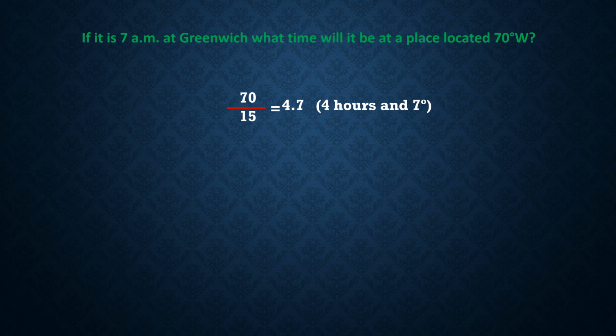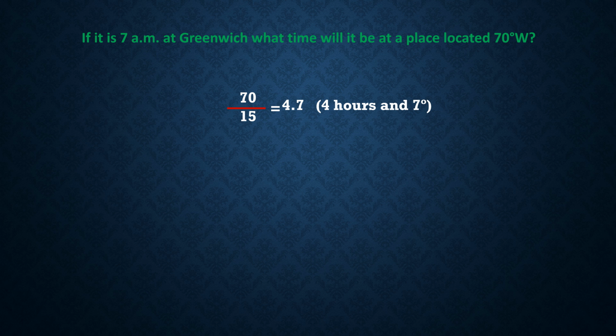We have to translate it in another way. Here we have 4.7. 4.7 now becomes 4 hours and 7 degrees. Just like if we get 3.5, it becomes 3 hours and 5 degrees. If we get 2.8, it is 2 hours and 8 degrees.